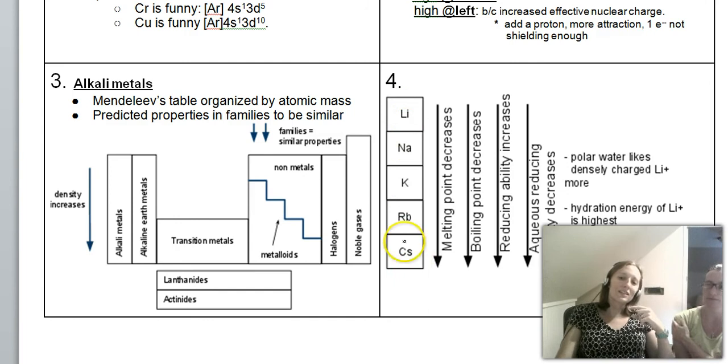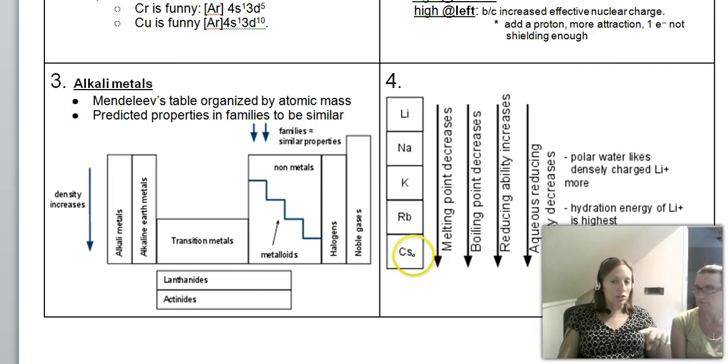So what do these guys like to do? Do they like to be oxidized, or do they like to be reduced? Well, you say to your brain, I know that what they like to do is lose that one stinking electron. Loss of electrons is oxidation. They like to be oxidized by 1.